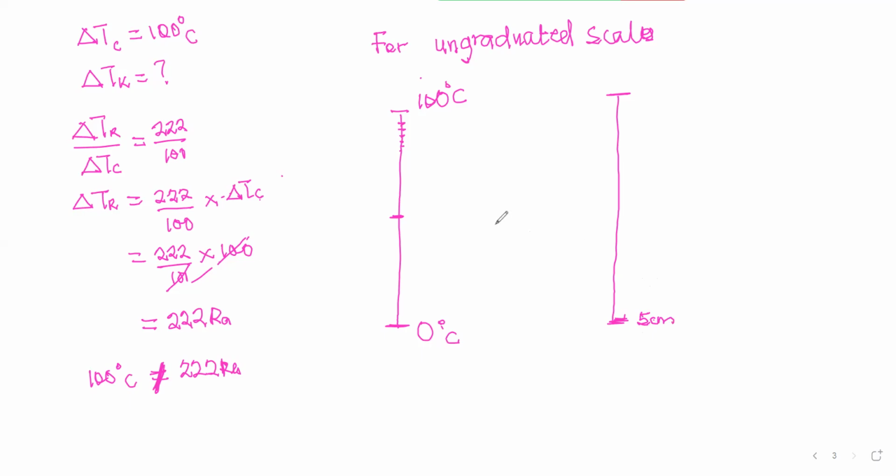Then at 100 degrees Celsius, we have a length of mercury of, let me use variables before we come to numbers.